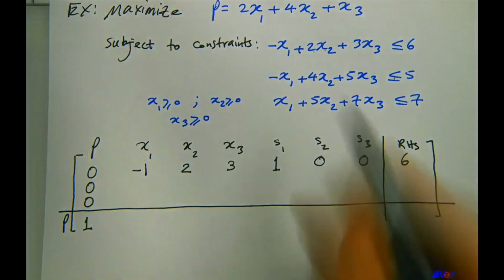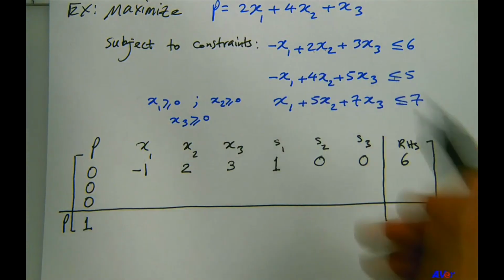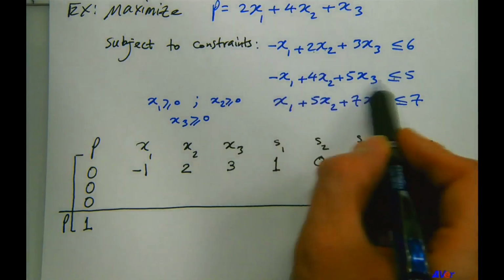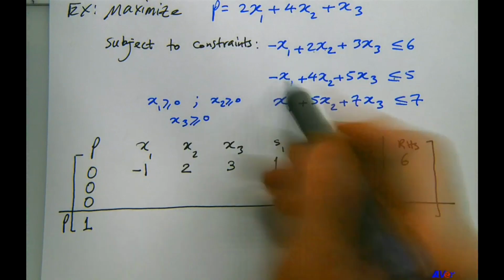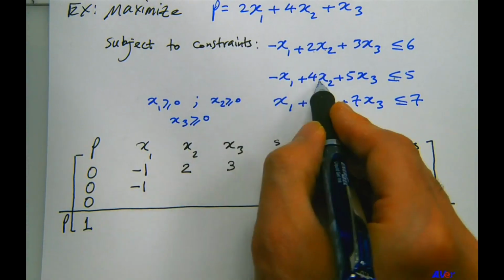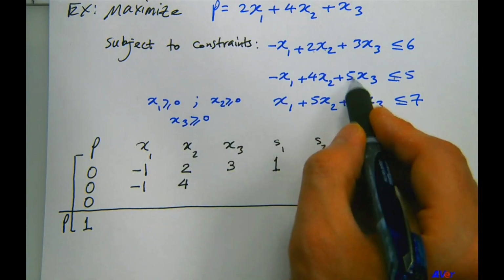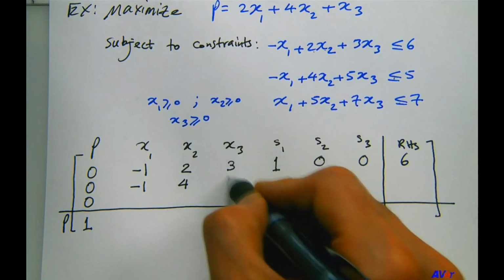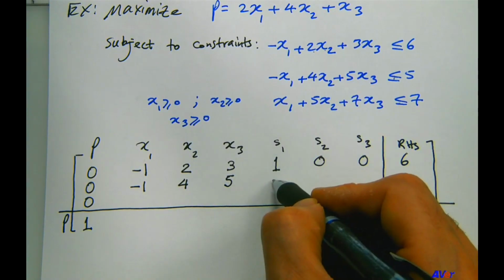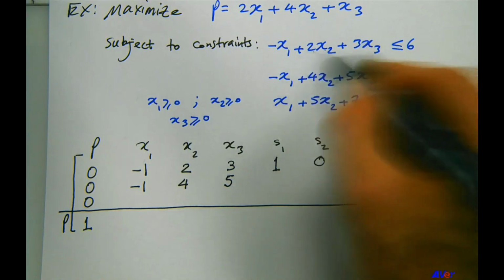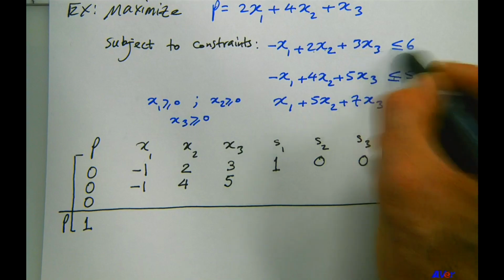So now let's write down the coefficients for the second row. Where are they going to come from? They're going to come from the coefficients of the second constraint inequality. Minus 1, 4 under x2, and 5 under x3. Is there going to be an S1 there? No, because S1 is already used up to convert the top constraint inequality to an equality.